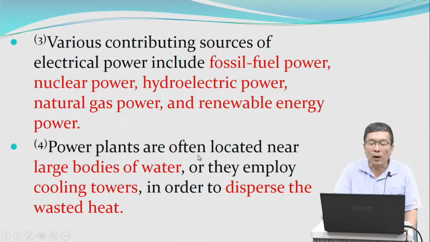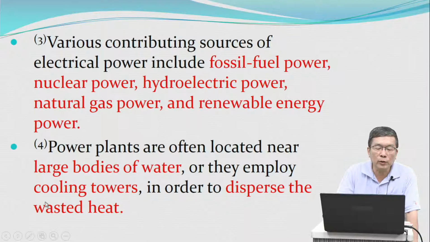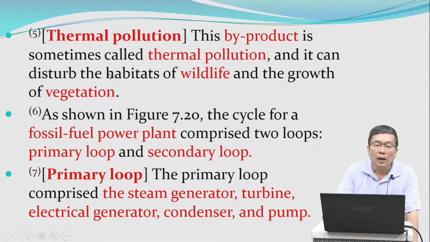Power plants are often located near large bodies of water, or they employ cooling towers in order to disperse the wasted heat. Thermal pollution. This byproduct is sometimes called thermal pollution, and it can disturb the habitat of wildlife and the growth of vegetation.